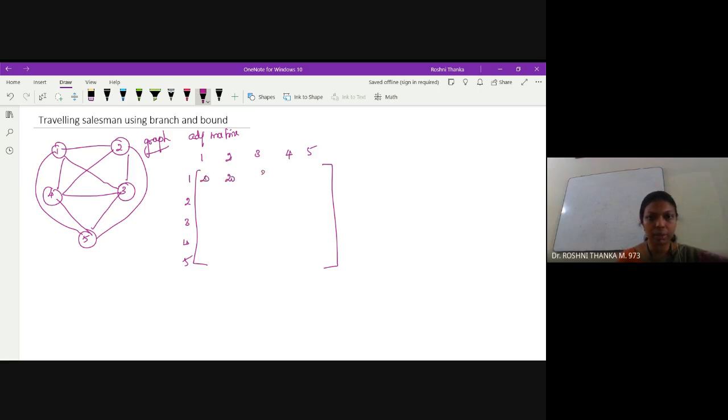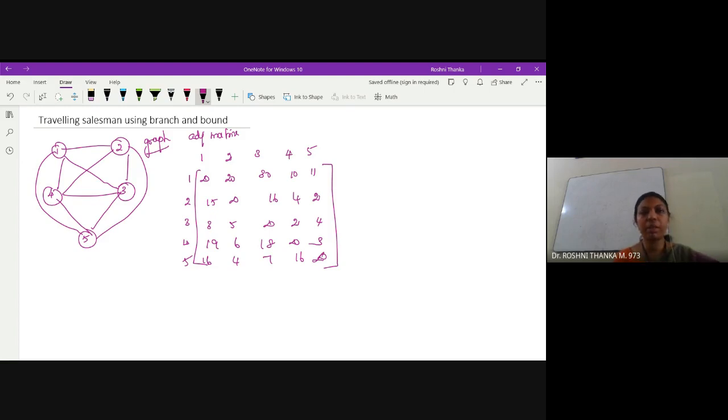The values are 20, 30, 10, 11, 15, infinity, 16, 4, 2, 3, 5, infinity, 2, 4, and then 19, 6, 18, infinity, 3, 16, 4, 7, 16, and infinity. Okay, so this is the adjacency matrix for this particular graph.